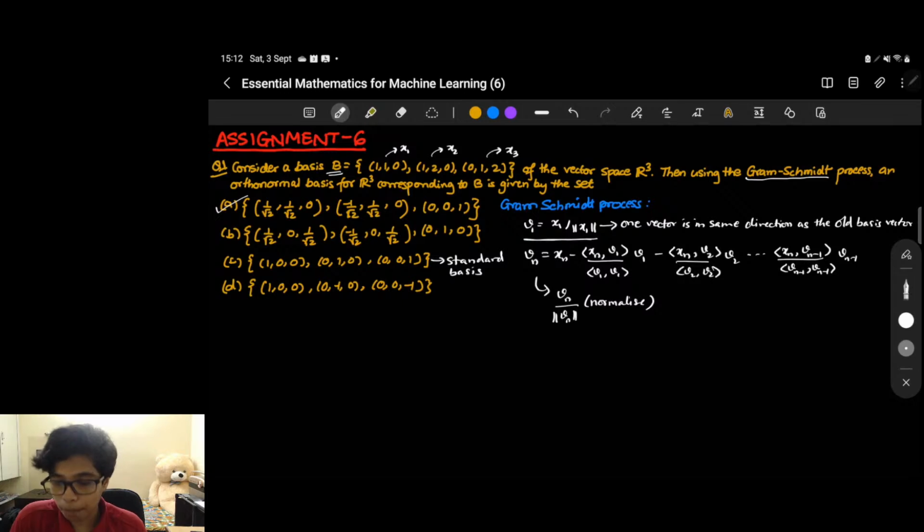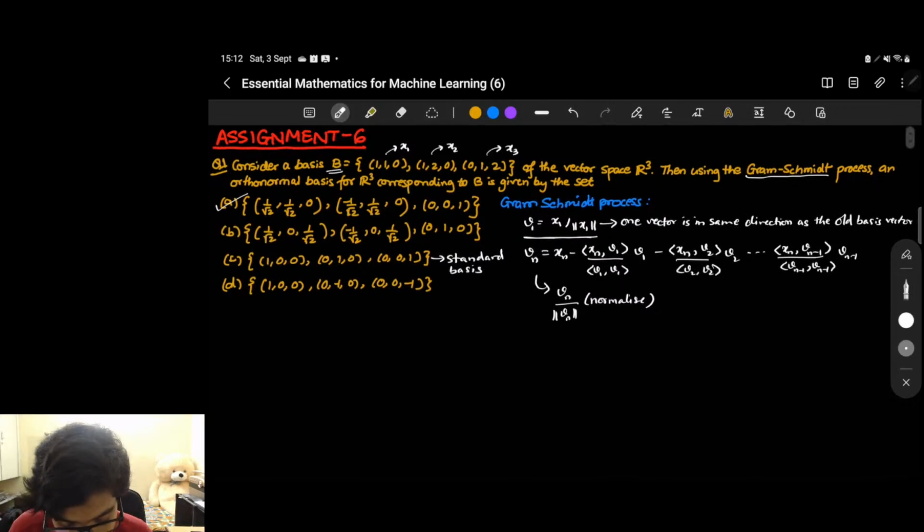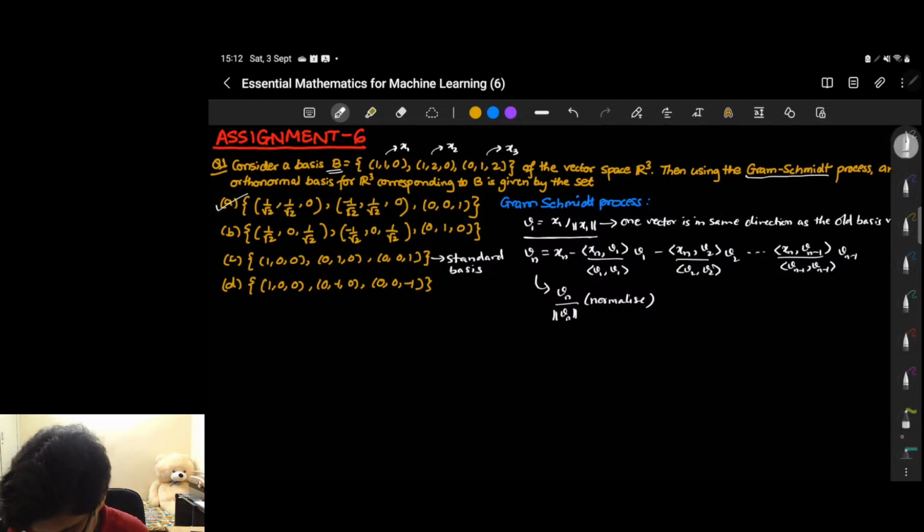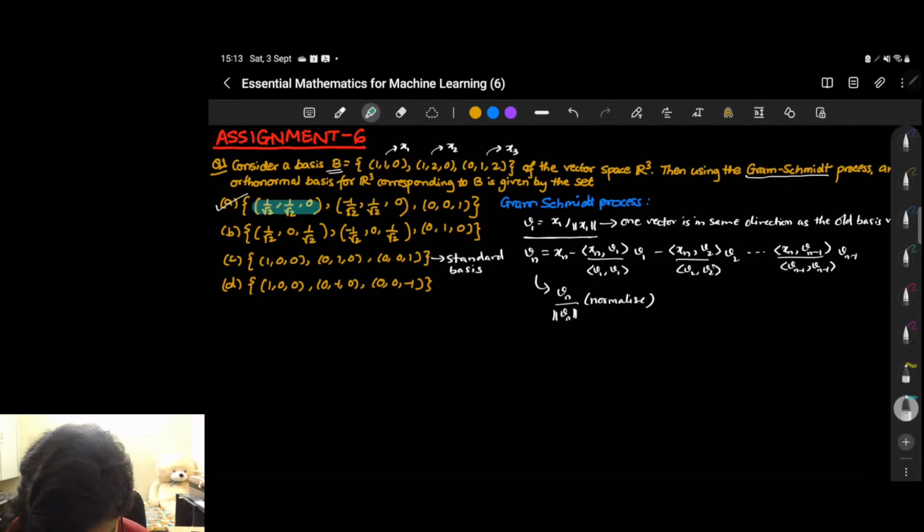We take our first vector to be exactly the same as one of the vectors of the old basis and then just normalize it. Now you can see that only option A has one vector which is in the same direction as the old basis, and that is like this basis vector is in the same direction as this x1. It has just been normalized by that scaling factor 1 over root 2, but other than that, it is exactly in the same direction.